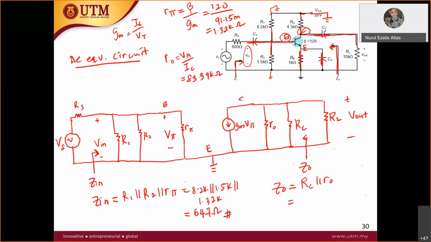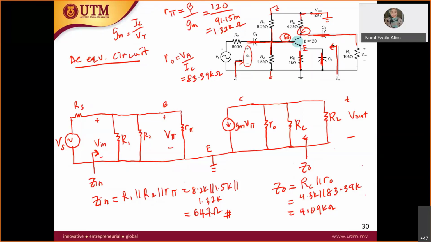RC is given as 4.3K parallel with 83.39K. You will get your Z out. I have calculated it: it is 4.09K ohm. So that's it for the Z out.